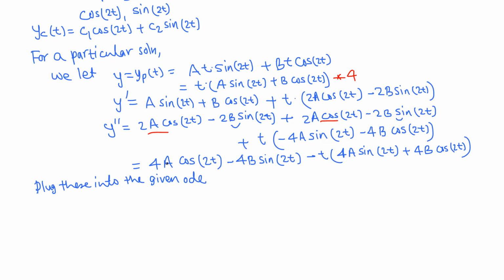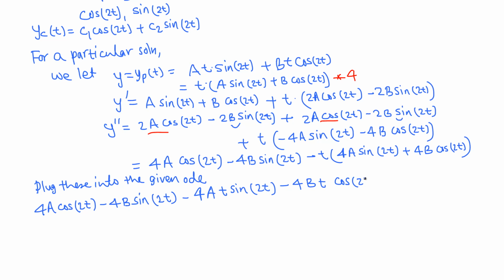So we have y double prime, which is 4a cosine 2t minus 4b sine 2t, minus 4at sine 2t minus 4bt cosine 2t.